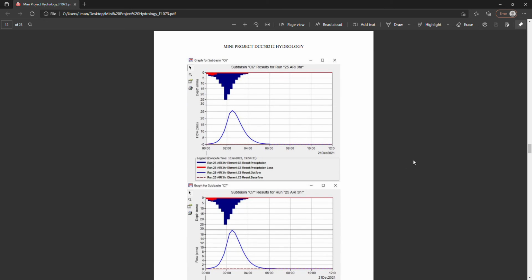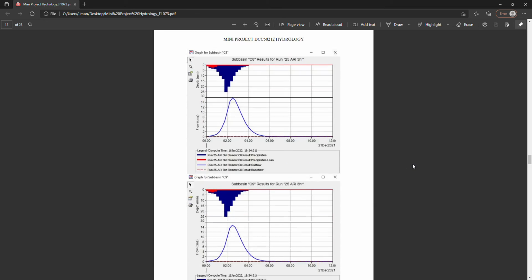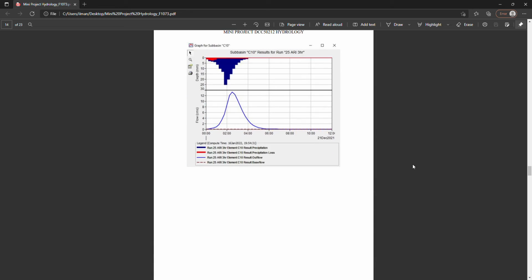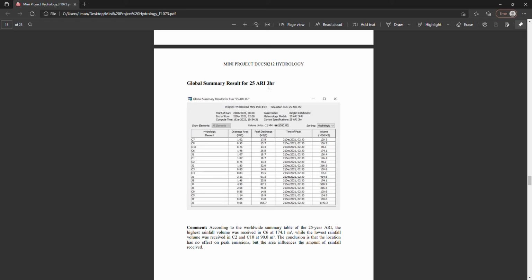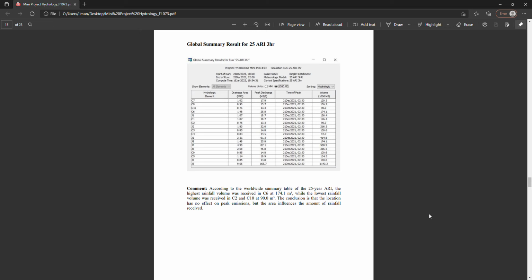These are the graphs. Next, global summary result for 25 years. According to the global summary table of the 25 years ARI, the highest rainfall volume was received in C6, right here, which is 174.1 meter cube, while the lowest rainfall volume was received in C2 and C10 at 90 meter cube.